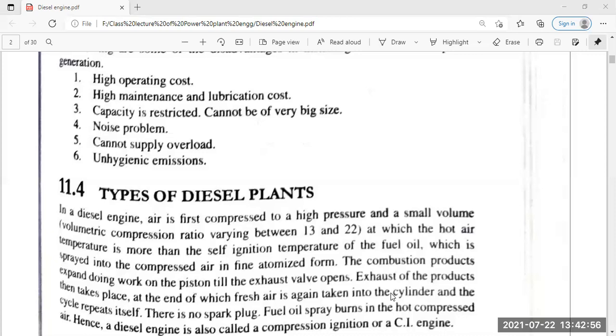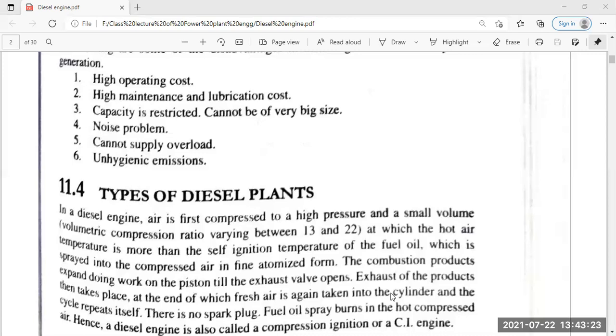pressure and tries to expand, thus doing work on the piston until the exhaust valve opens. The excessive pressure created by the expansion of the burned fuel does work on the piston, and this work continues until the piston reaches the position of the exhaust valve, where the exhaust valve opens.